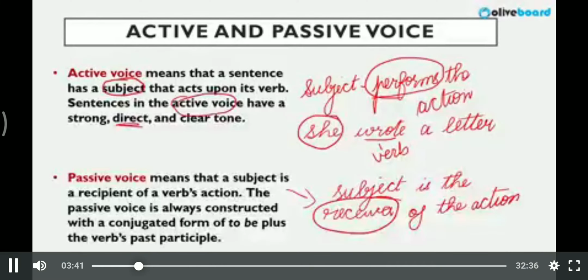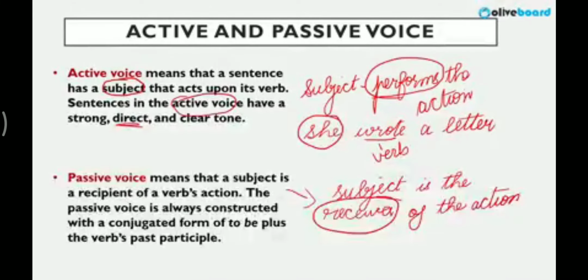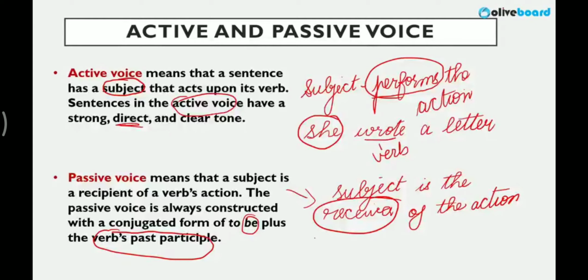The voice is passive. We always use be plus the verb's third form whenever it is passive. This is the structure we are going to study today. When we show that in a sentence the subject is performing an action, we say active. But whenever we show that the subject is the receiver of the action, then we say the voice is passive.